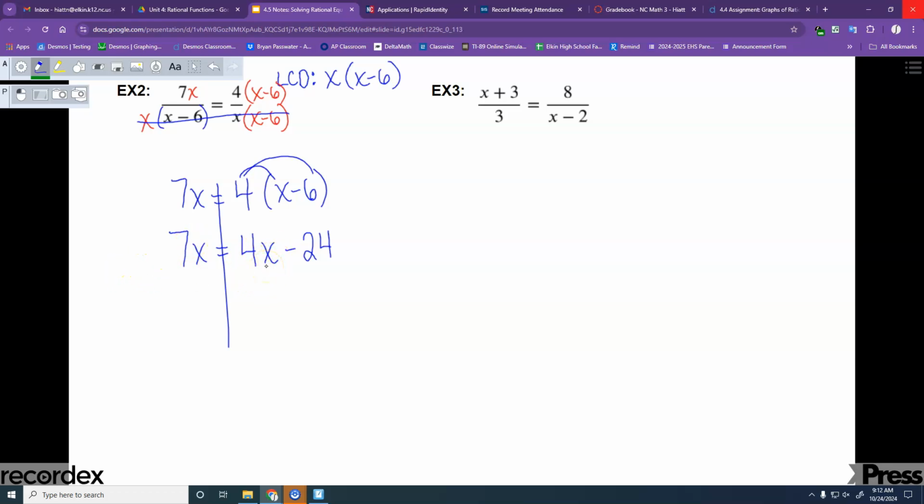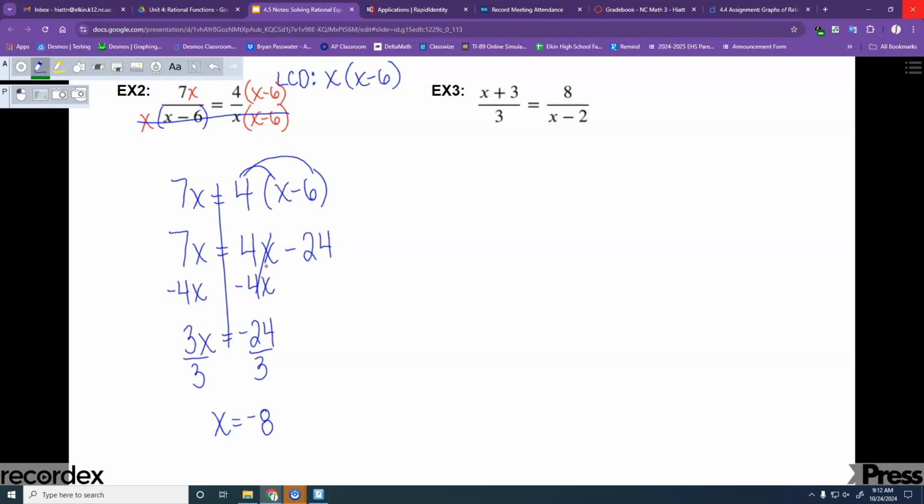So to move the whole thing, we don't divide, but we subtract. So we'll subtract 4x. So we got 3x equals negative 24. And then, Scarlett, what's the last thing we would do? Now we'll divide by 3. And so x is going to equal negative 8.